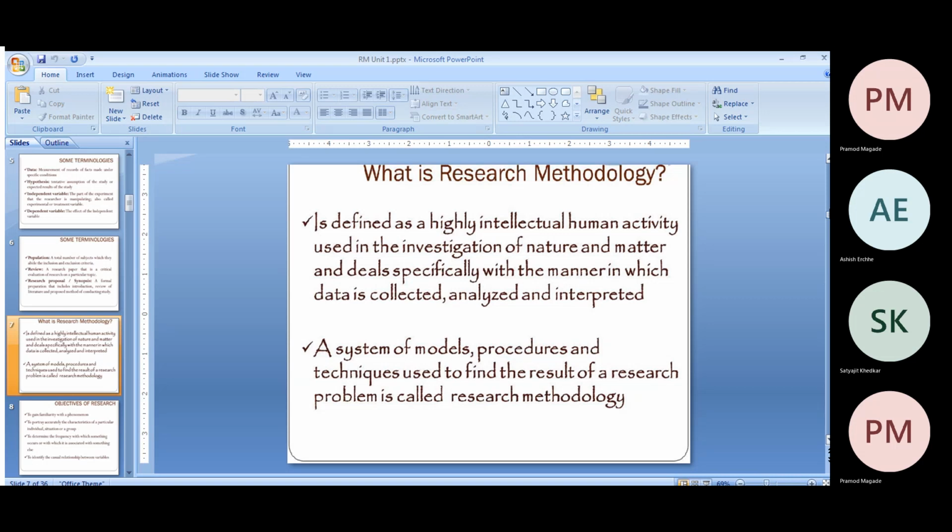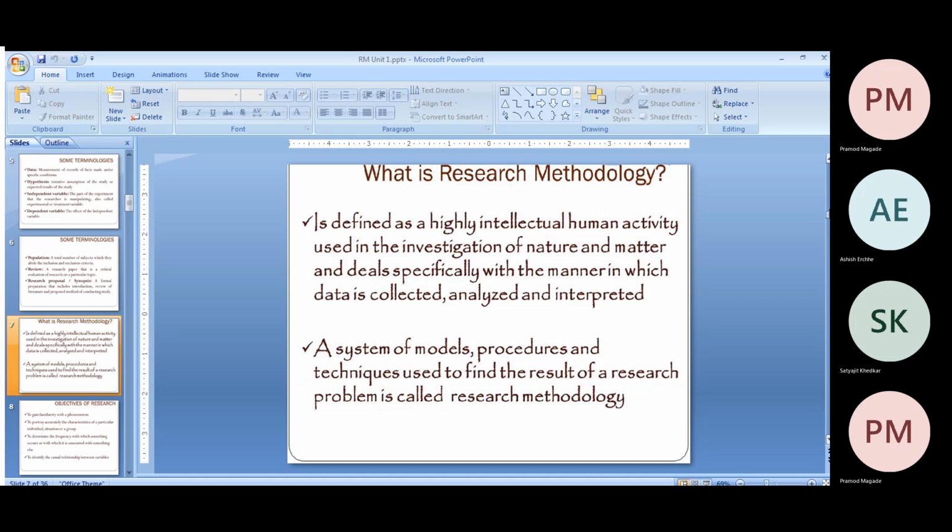Now, what is research methodology? I have already explained it, but I'll read it because I have mentioned it in other words. It is defined as a highly intellectual human activity. Why highly intellectual?